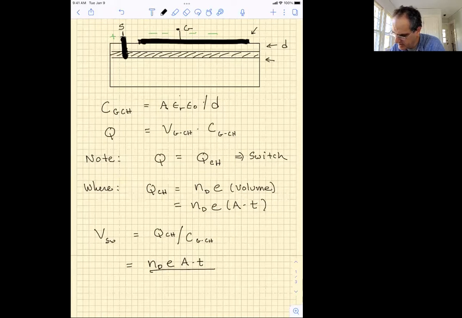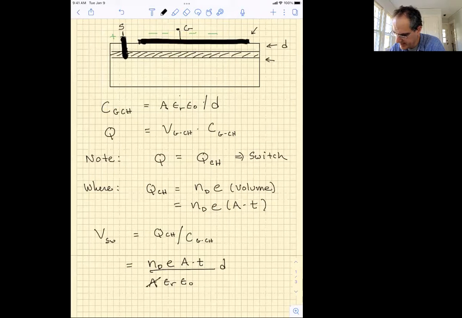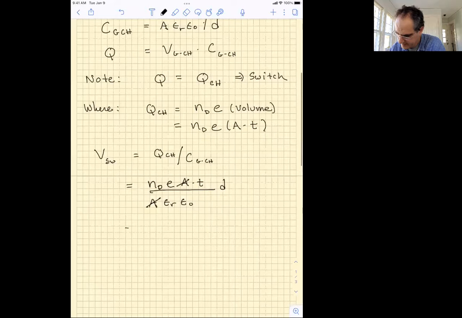That's the induced charge. And then we have to divide by the capacitance: area, dielectric constant, vacuum permittivity, divided by d. So the d goes in the numerator. Notice in this expression that area cancels out. And so we're left with N_D e times t times d divided by epsilon_r epsilon_0. All right?